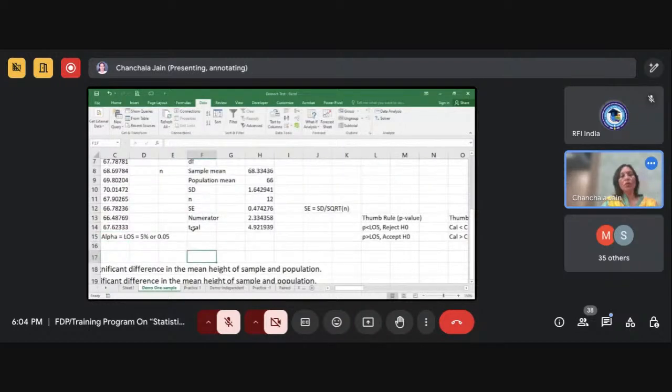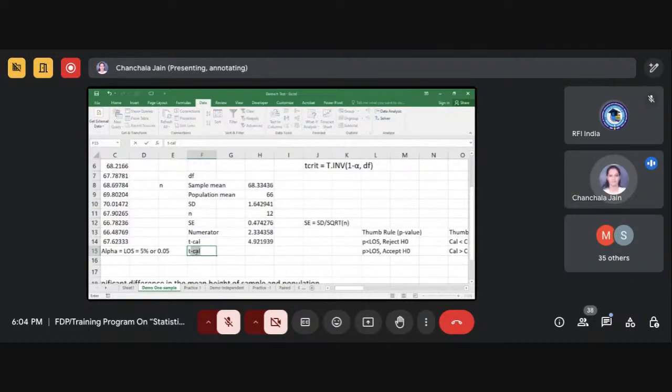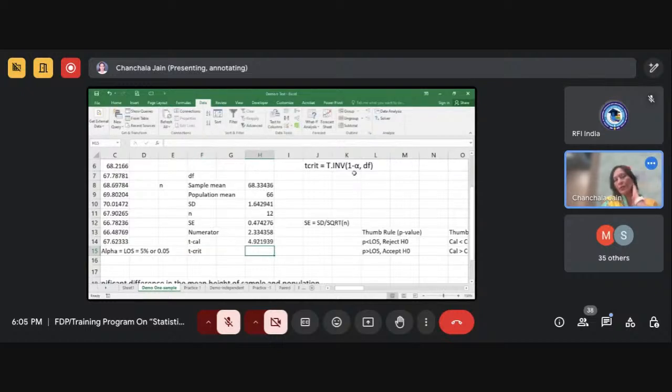The t critical value needs two things. Degrees of freedom you also need. Degrees of freedom is n minus 1. N is 12, so 12 minus 1 gives the degrees of freedom, which is 11.